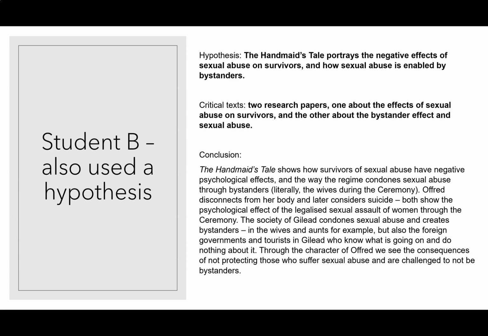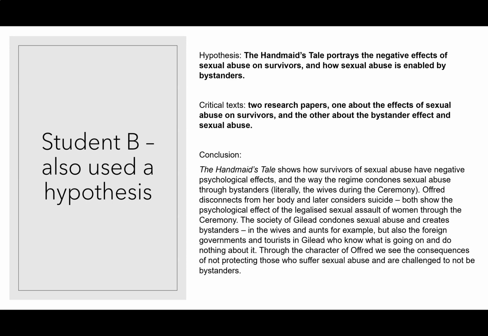So these are people or characters really on the periphery of those ceremonies and what's at the core of the regime in Gilead. But the student has done a really good job observing that everybody who knows something and does nothing is a bystander in that sense, and their two research papers have really helped them make that point very convincingly.